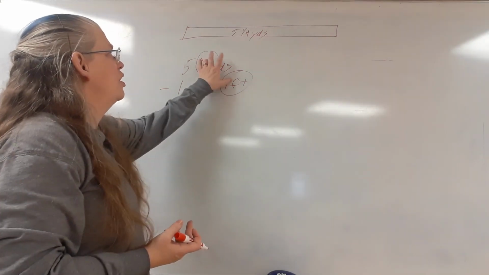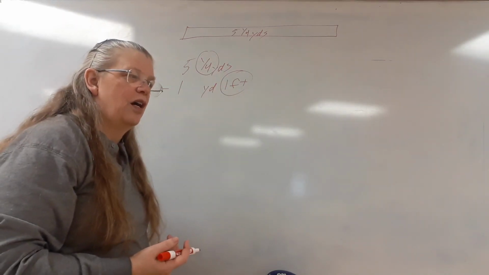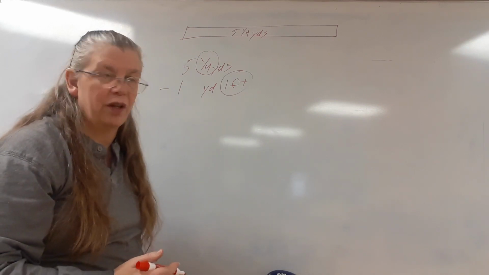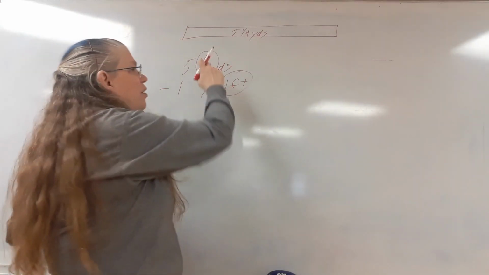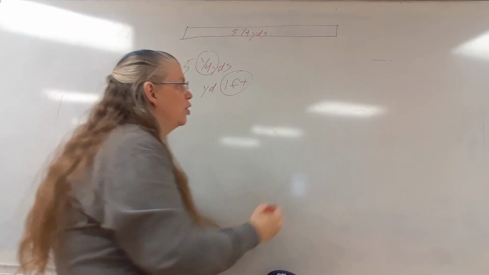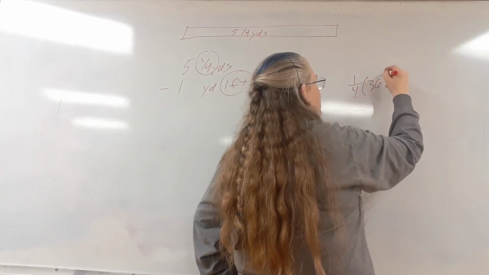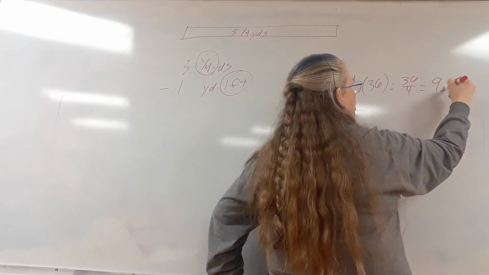Okay, we need to change these two things into inches. We could change everything into inches and then subtract and then change back, but that's a lot more work than I want to do. Okay, 1 yard is 36 inches. So 1/4 times 36 is the same as dividing 36 by 4, which gives us 9 inches.